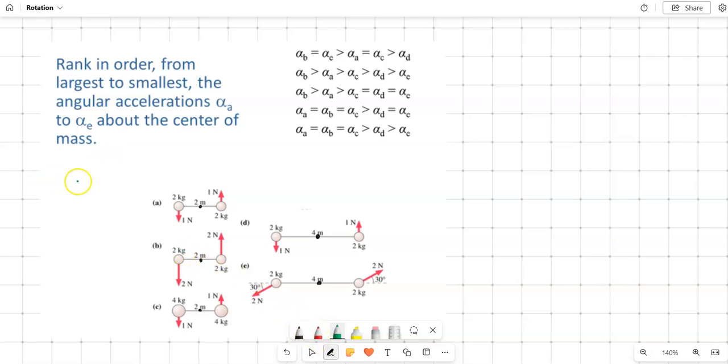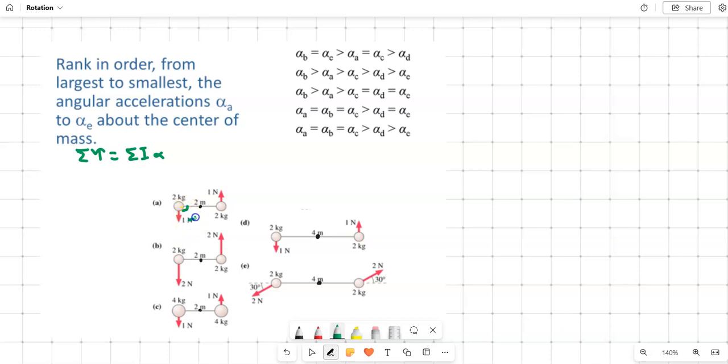So with A, again, we're going to sum the torques and set it equal to, we're also probably going to have to sum the moments of inertia and multiply it by alpha. So this is basically a ball on a string. So this is the angle.